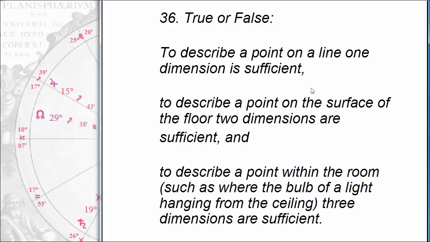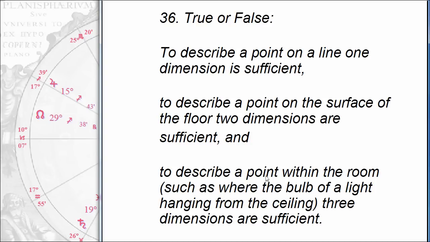To describe a point on the surface of a floor, suppose you have a floor tile that needs to be replaced. You could describe where that floor tile is in 2 dimensions, starting in one corner and measuring in a coordinate system, what we would call X and Y coordinates, which I think you're all familiar with, to describe where that tile is.